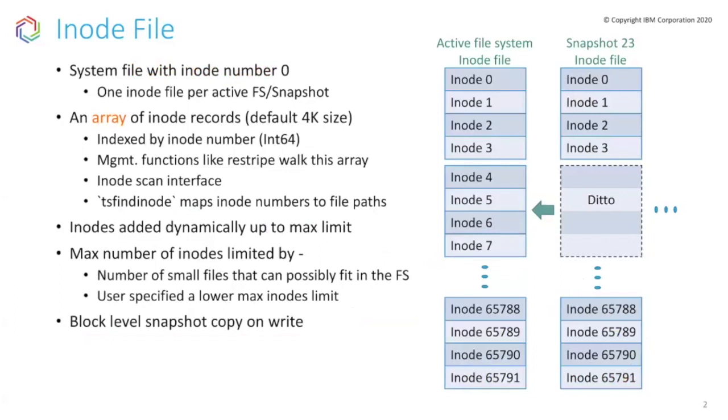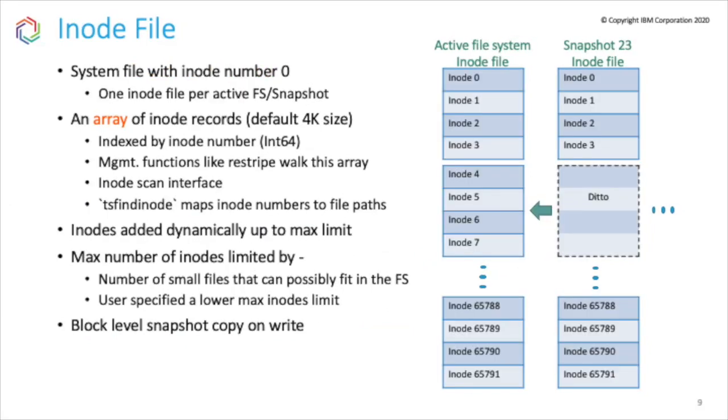If you make the block size 8K, can you stuff 7.5K of a file into an inode? So there is a range of block sizes you can specify in Spectrum Scale, and you can find that in our FAQ. The minimum is 64K block size. You can't go below that, and you cannot change the inode size.